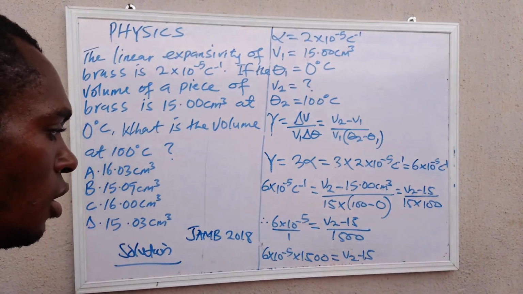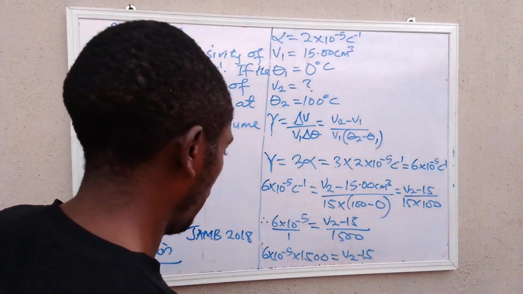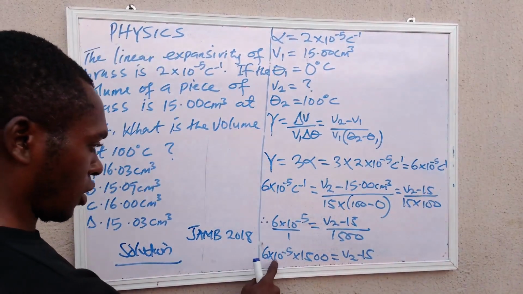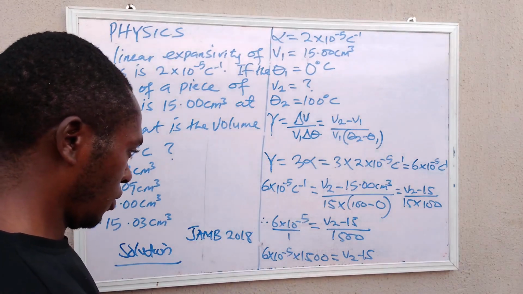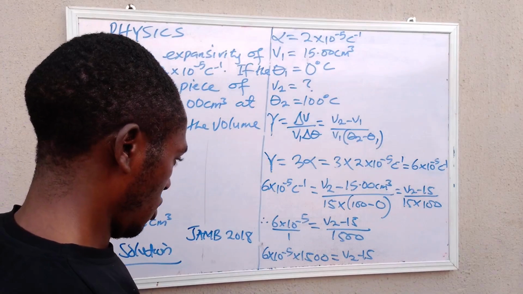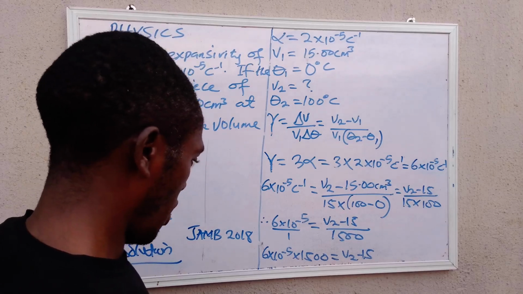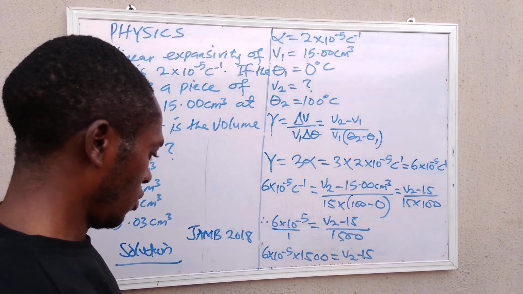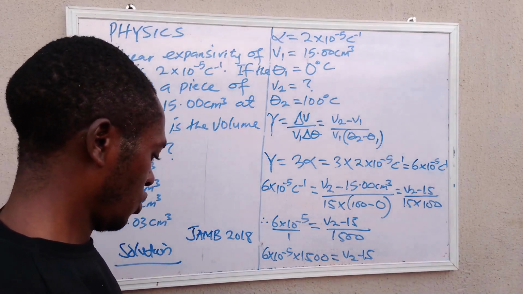If you multiply 6 times 10 to the power of minus 5 times 15, I will have 6 times 10 to the power of minus 5 times 1500.